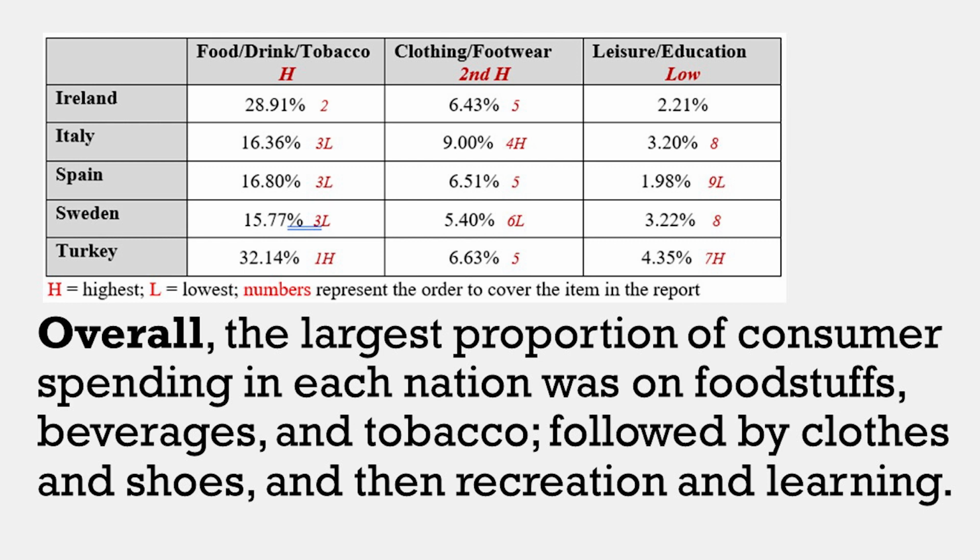So essentially what I'm telling the reader is what the highest categories were for each country, for all countries. And this one works out kind of nice that not only is food, drink and tobacco the highest overall, it's the highest for every country. So I can make that statement. And you might also notice that I've paraphrased some of the key words.